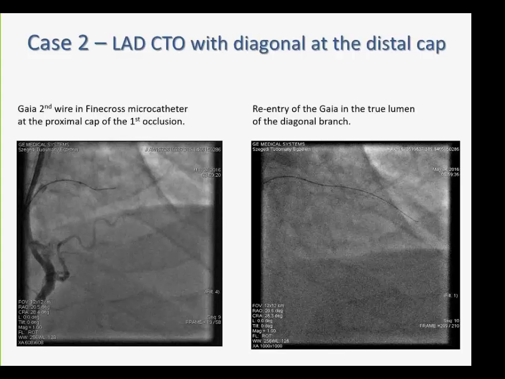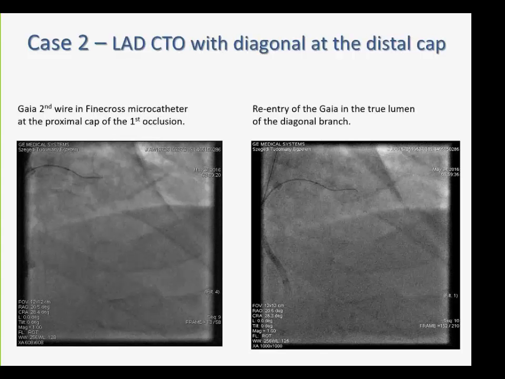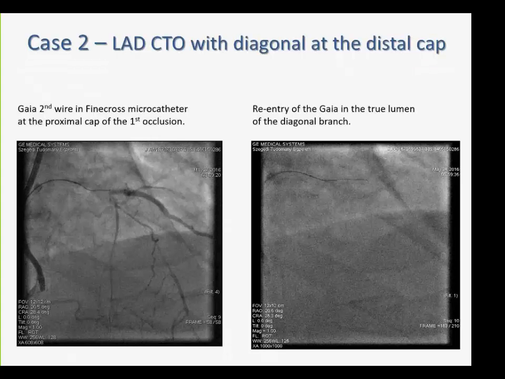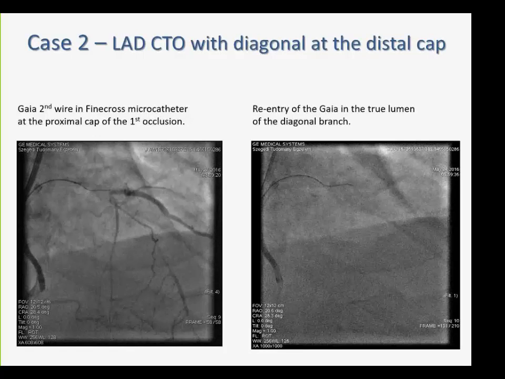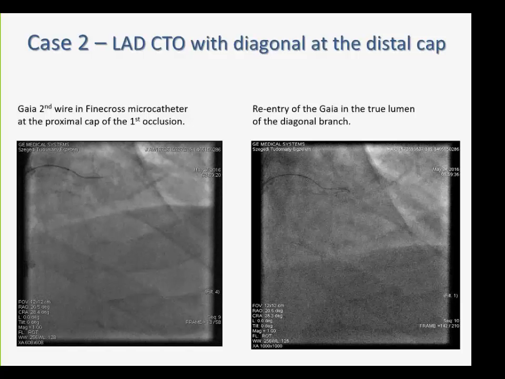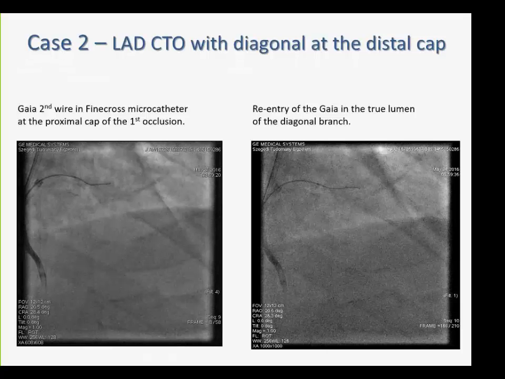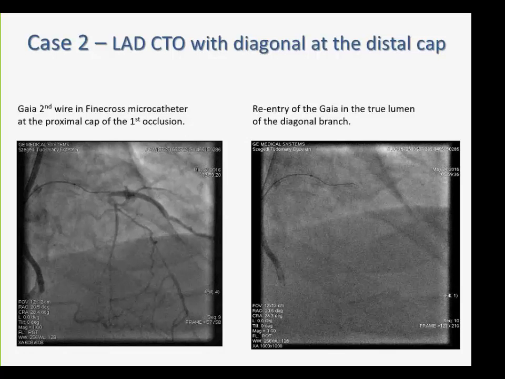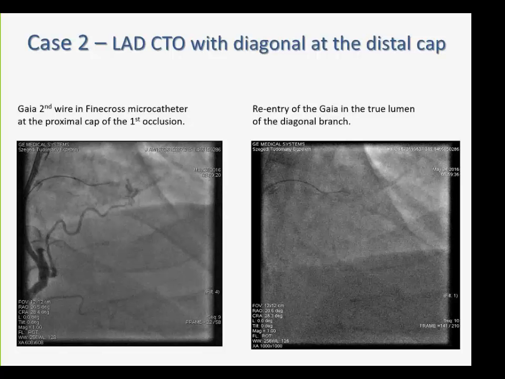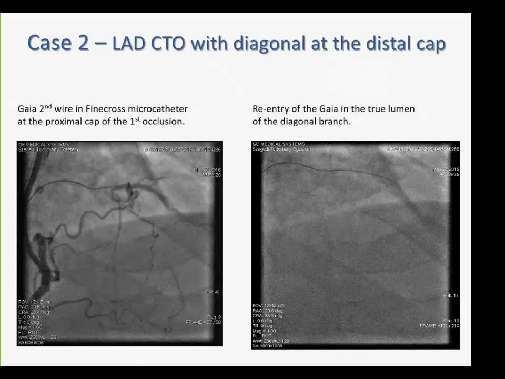So we started again with the Fine Cross and first punctured the proximal cap with the Confianza Pro 12, then de-escalated first to a Fielder XT, but the Fielder XT went deeply into the subintimal space, so we changed to a Gaia Second wire in the Fine Cross catheter.